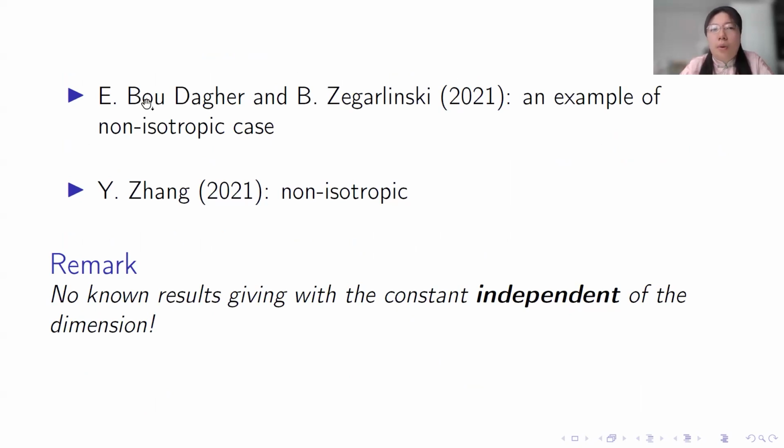Baudoin and Zegarlinski studied a concrete example in that case, but their choice of measure is a Gaussian type of measure. But to go from the Gaussian type of measure to a hypoelliptic heat kernel measure, which is what we aimed for, there's still some long way to go. Also in 2021, Ye Zhang proved a log-Sobolev inequality with respect to the heat kernel measure.